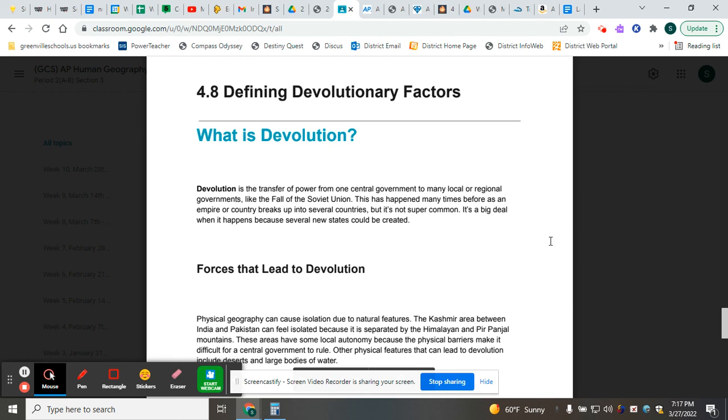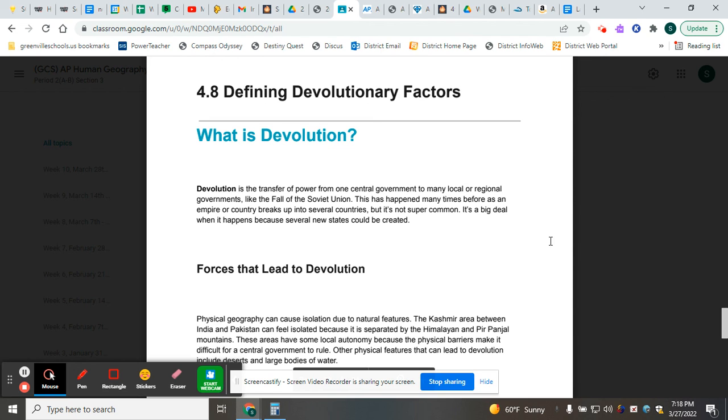As in the fall of the Soviet Union, the central government in Moscow ceased to exist, and so all power was then transferred to Kiev in Ukraine, or the capital city of Belarus, or the capital city of Kazakhstan, or Turkmenistan, or any territory that was part of the Soviet Union that then became its own country after the Soviet Union failed. That would be an example of devolution.